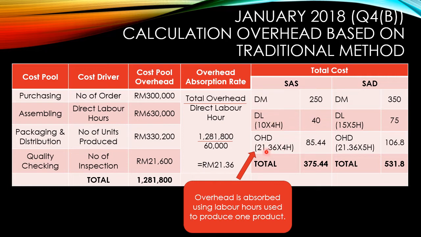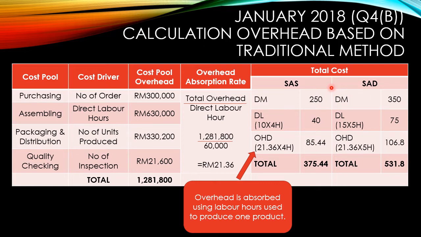So when we want to absorb the overhead, we absorb using the direct labor. If the company has used 4 hours here, then we absorb at 4 hours as well, by multiplying 21 ringgit 36 cents with 4 hours for product SAS. So you should get 85 ringgit 44 cents of overhead, and 106 ringgit 80 cents for overhead of product SAD.